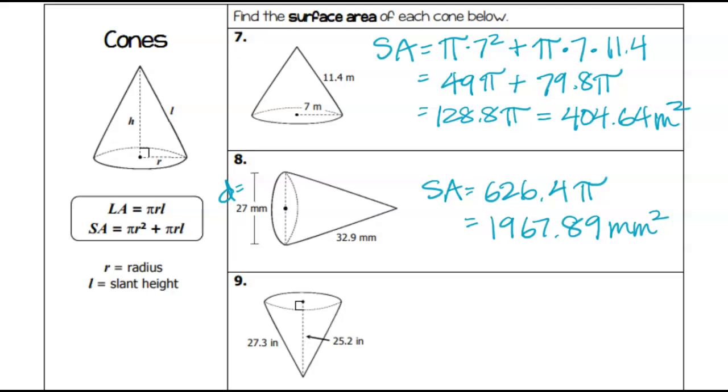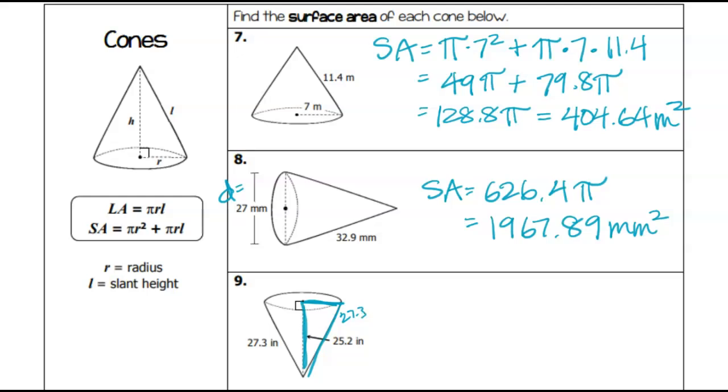All right, and then our final cone example. Similar to the last one, we don't actually have our radius this time. So we have our height here, we have our slant height here, which is also 27.3 like the other side, but now we are missing our radius.